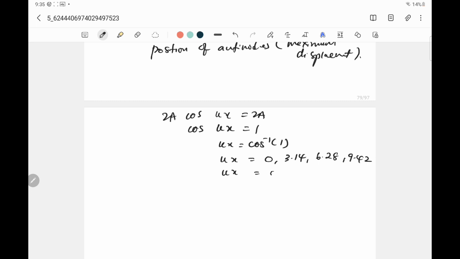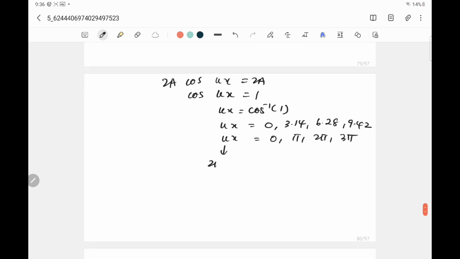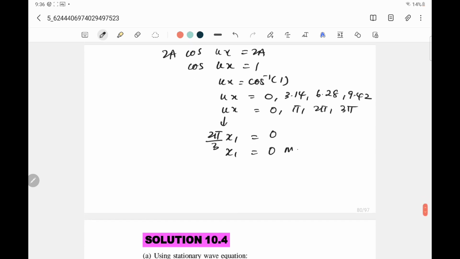Or in pi, you will have 0, pi, 2 pi, 3 pi, because the distance between an antinode and the antinode nearest to it is pi radian. So your k is 2 pi over 3 x1 equal to 0. So this one is the position of the first antinode, 0 meter.